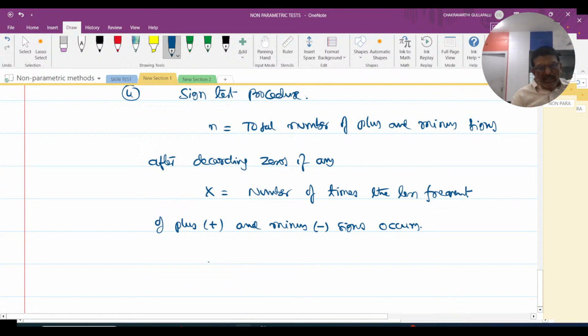Here, that is the meaning. Alternatively, x is the minimum of the number of plus signs and the number of minus signs.